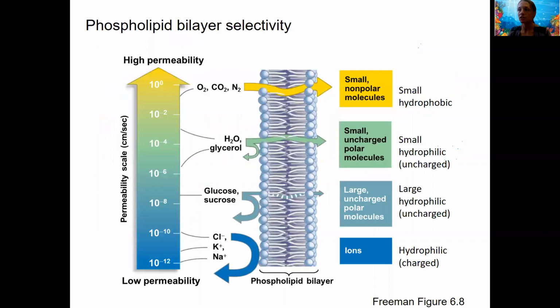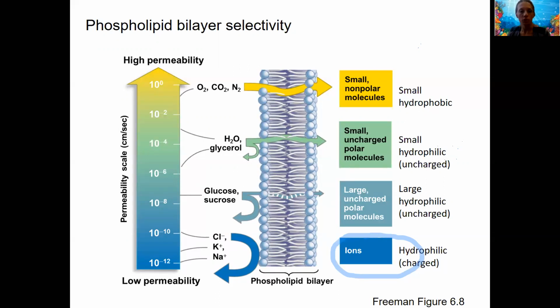So here's that chart I showed you in the last lecture that you could review here if you need to, in terms of what can cross the phospholipid bilayer and what cannot. So the bilayer is selectively permeable. Now if we want to get a large amount, or any amount, of these ions into the cell, or even glucose, what do we need?